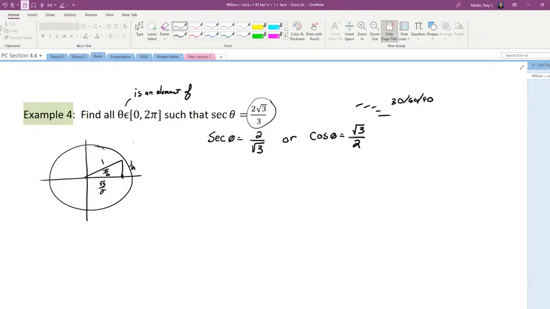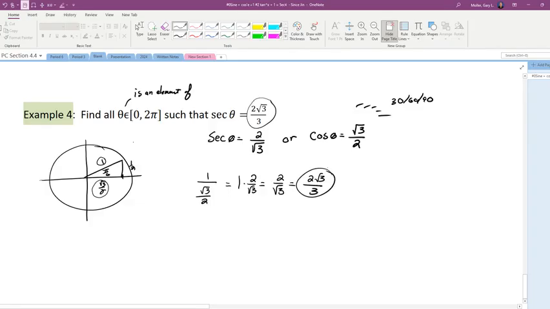So find all theta such that secant is 2 root 3 over 3. Secant is 1 over cosine, so we have 1 over root 3 over 2. Just verifying it, which is 1 times 2 over root 3, which is 2 over root 3, which is 2 root 3 over 3. So the answer is pi over 6.